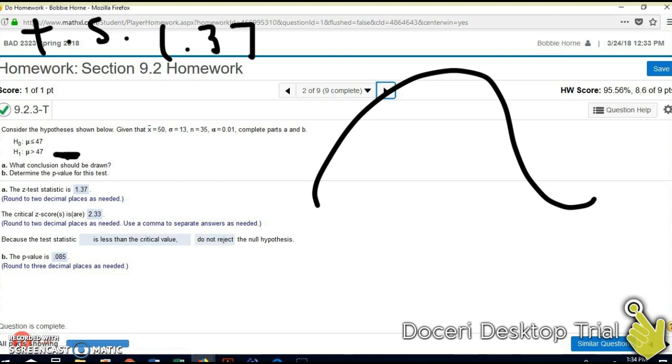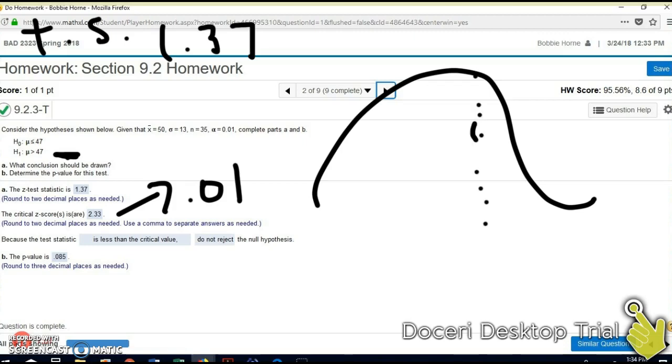If it's less than, it's left tail. If it's not equal to, it's two tail. So if we look at our table, our z-score for alpha is 0.01, we would get 2.33.